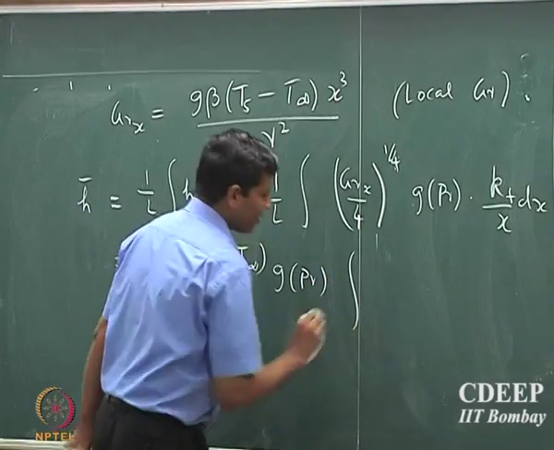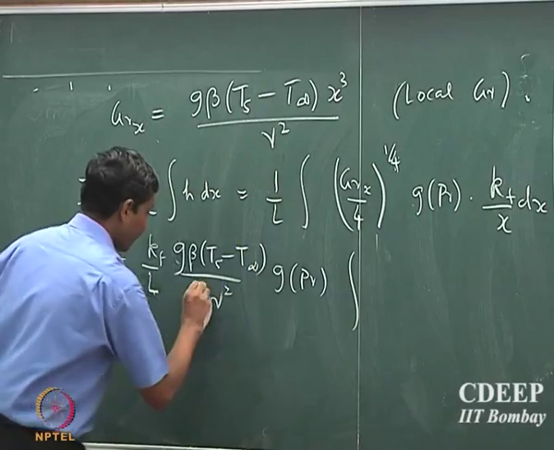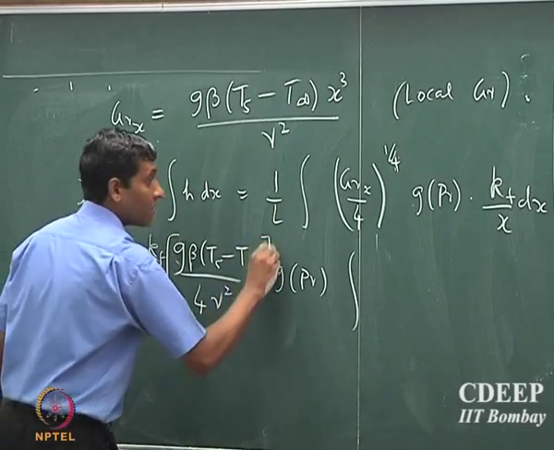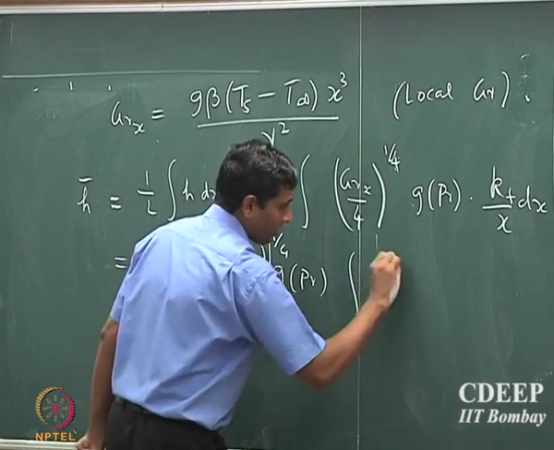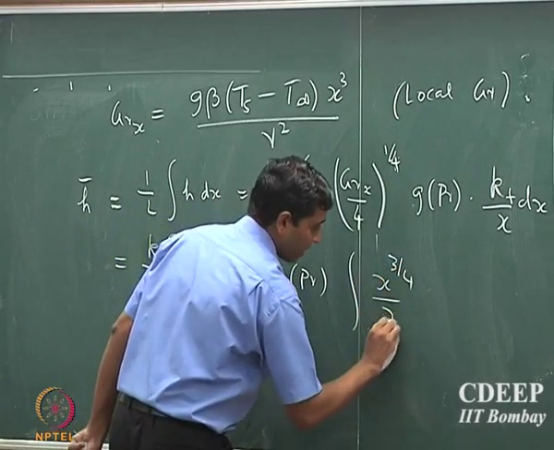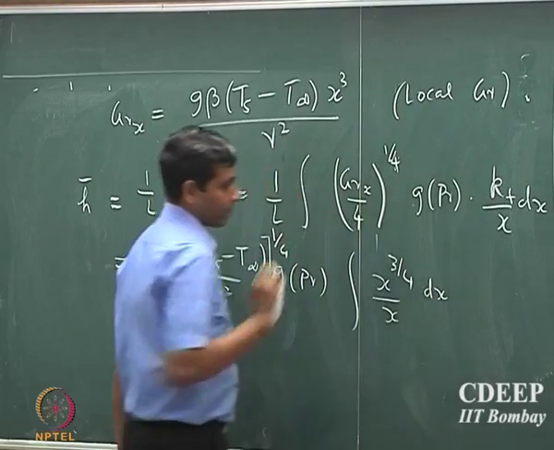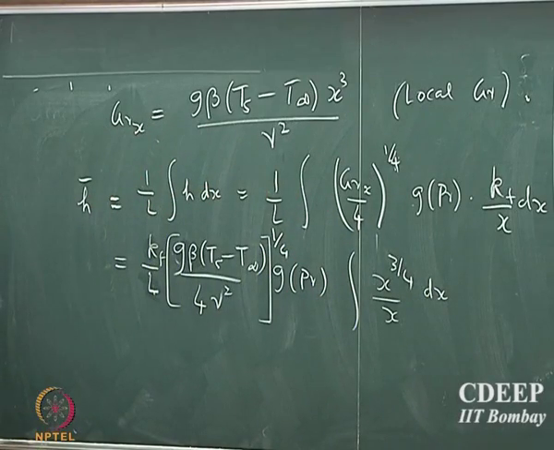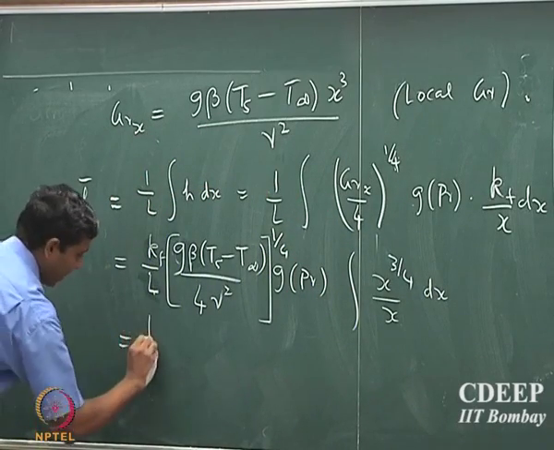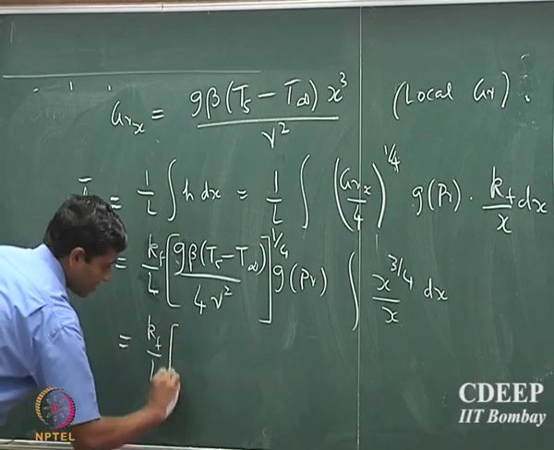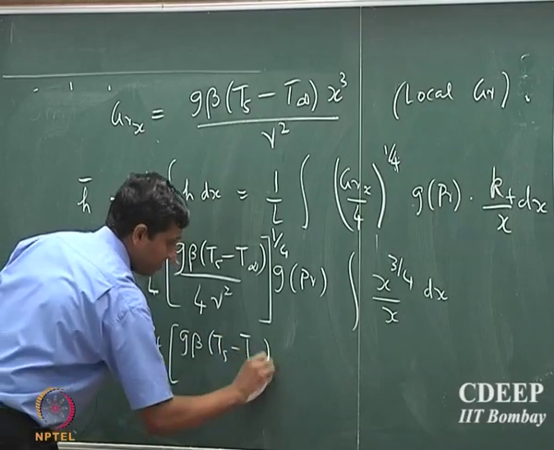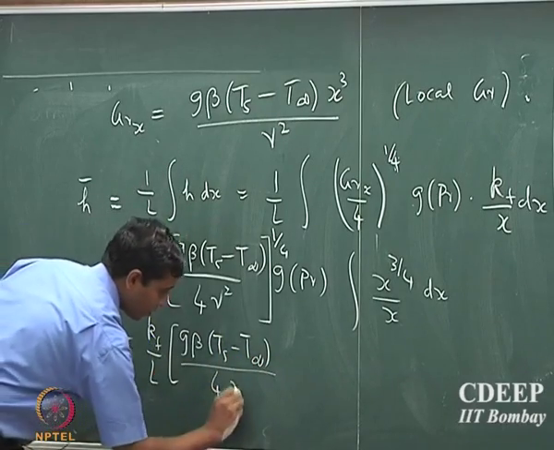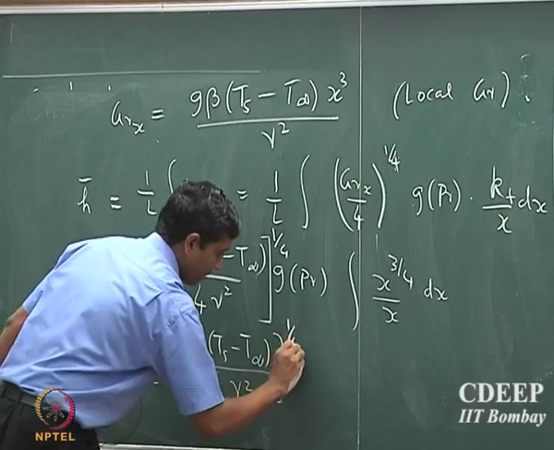So there will be an integral of x to the power of 3 by 4 divided by x into dx, and that will be Kf by L, (g beta (Ts minus T infinity) by 4 mu square) to the power of 1 by 4.